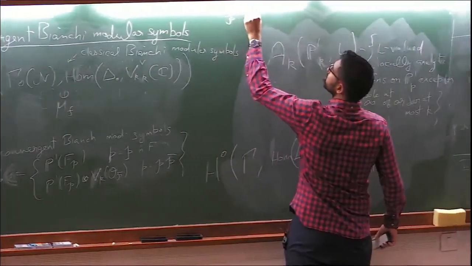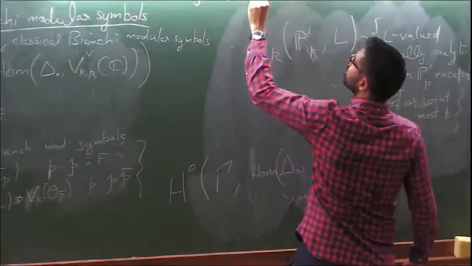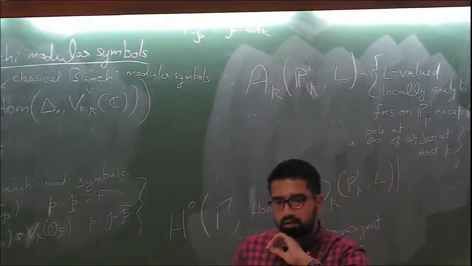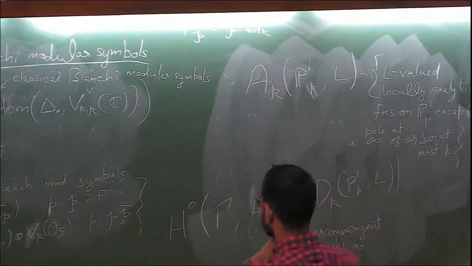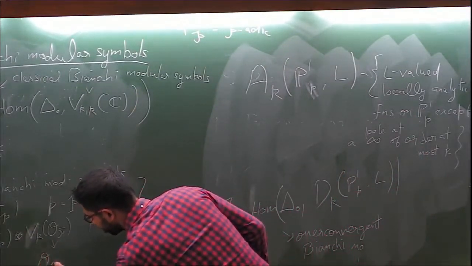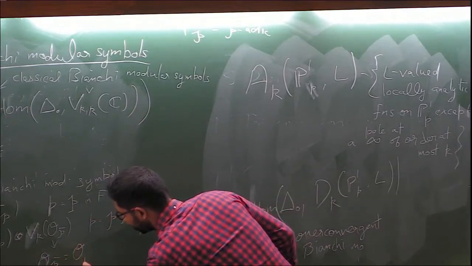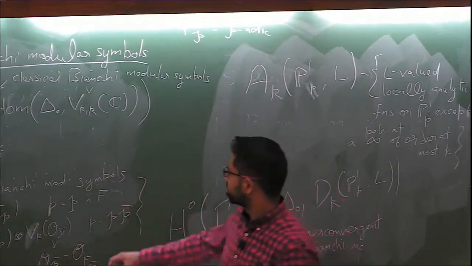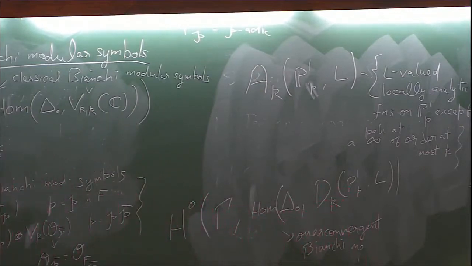So p is a prime, so this is the p-adic completion. This one is O_{F_p}. So V_k is just this: I'm looking at polynomials of degree less than or equal to k on O_p.